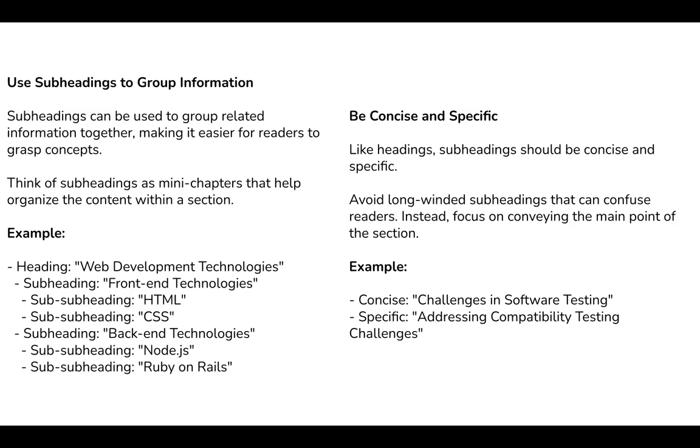These are very nice subheadings because readers know that we are talking about challenges in software testing, and everything about that will be under this particular subheading. Being specific can also be like writing "addressing compatibility testing challenges," so you know that we're talking about addressing compatibility testing challenges. It's so good. So you should try to be concise and specific.